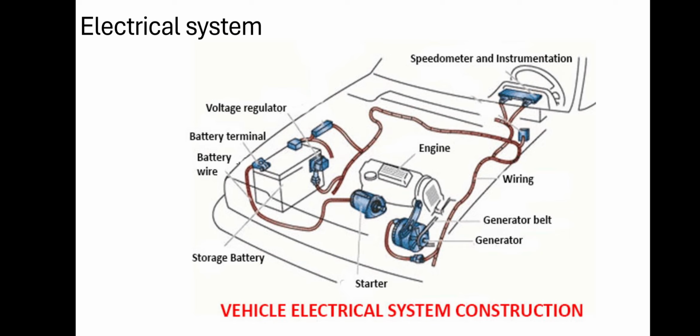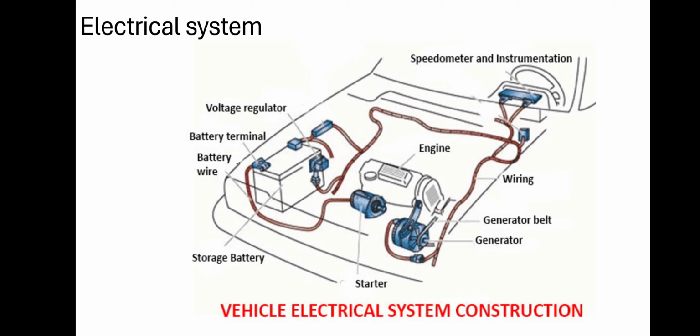When your engine is running, the generator charges your battery. But when your engine is off, you can, for example, use the audio, or turn on the lights, or use the windows. All of those work through the battery.